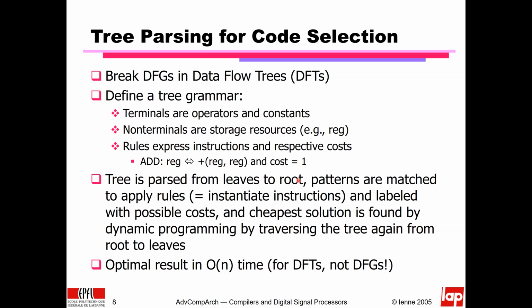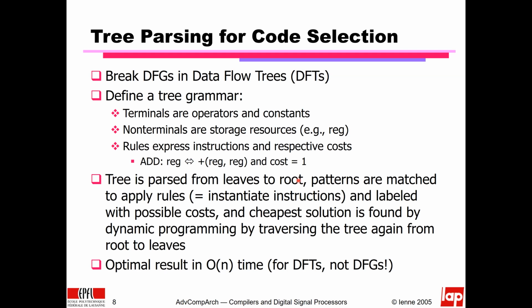And you have very good algorithms that are actually optimal and linear in time, by which you go through this tree a couple of times and you have the optimal, minimal cost solution.